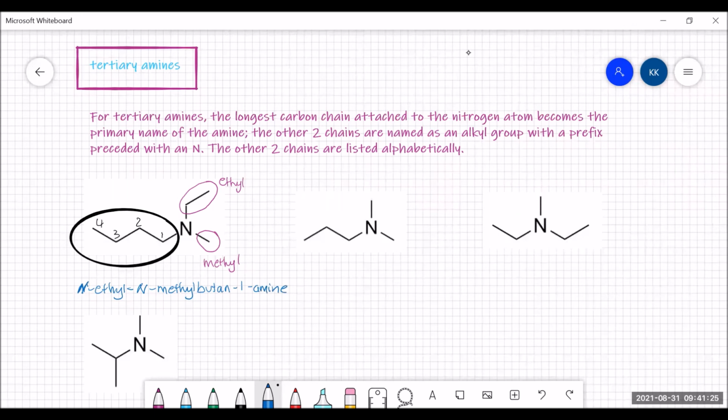Pause the video. I want you to try the next one. Okay, let's have a look. Longest carbon chain. Here it is, 1, 2, 3. It's a propanamine. What's attached to it? Both of them are methyl groups.